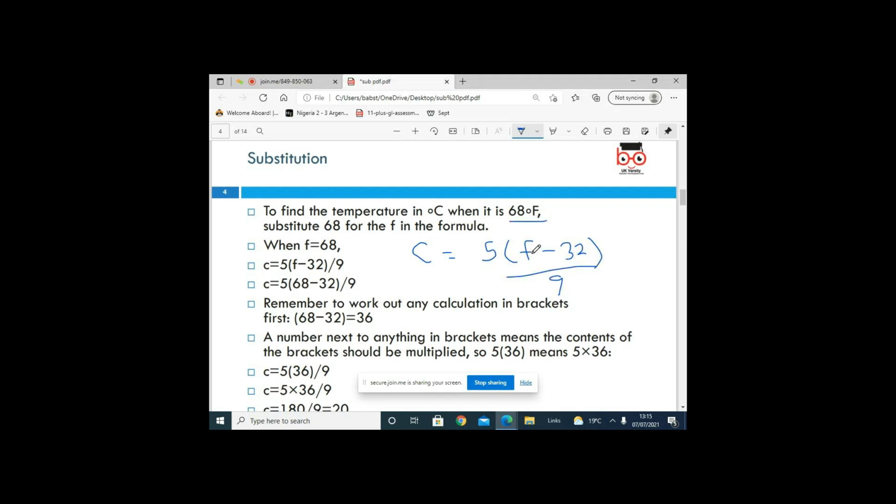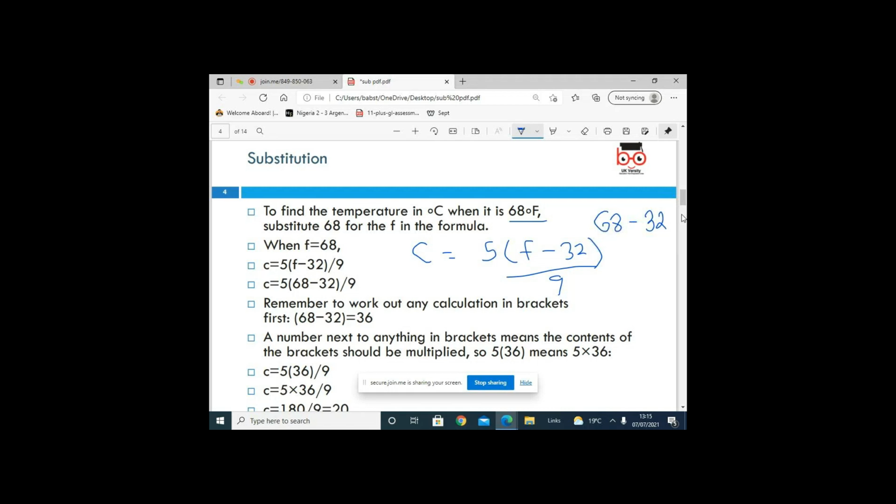It says this is in Fahrenheit, so F equals 68. Anywhere you see F, you put 68 there. So that's 68 minus 32. What's 68 minus 32?